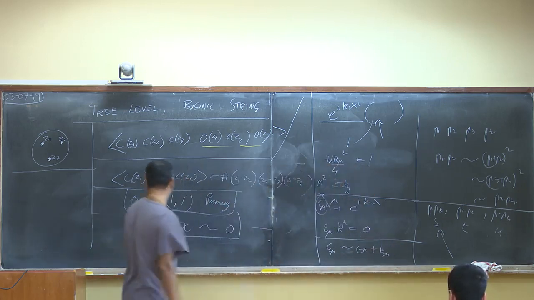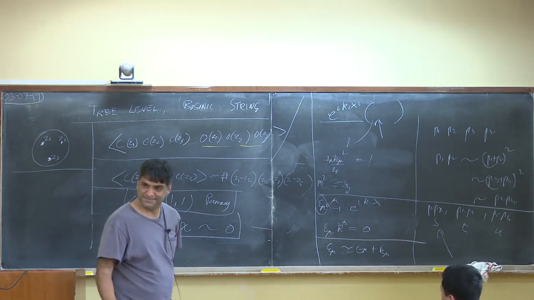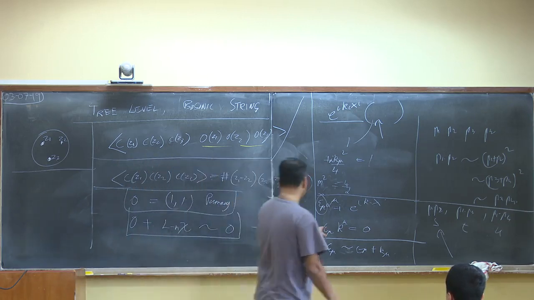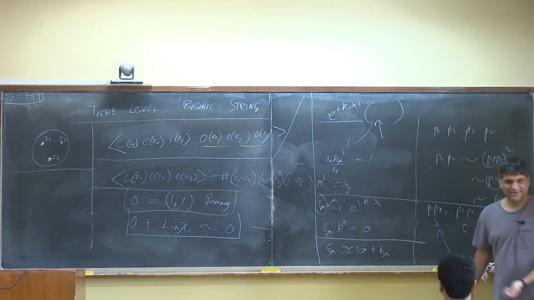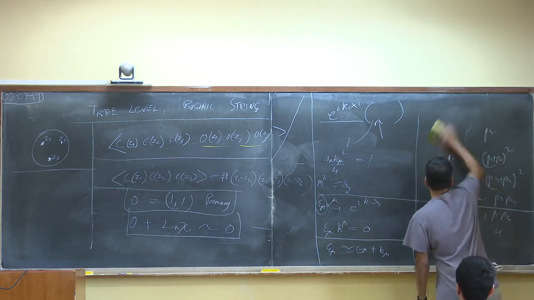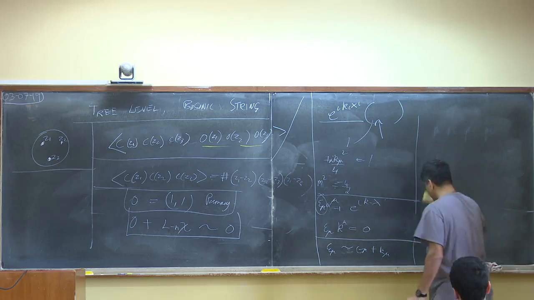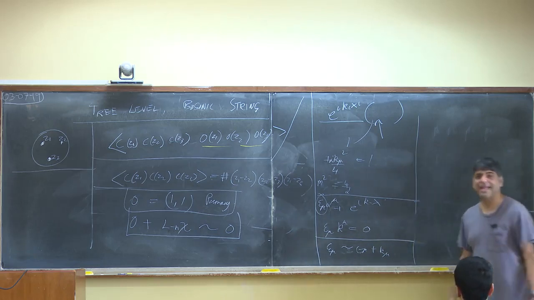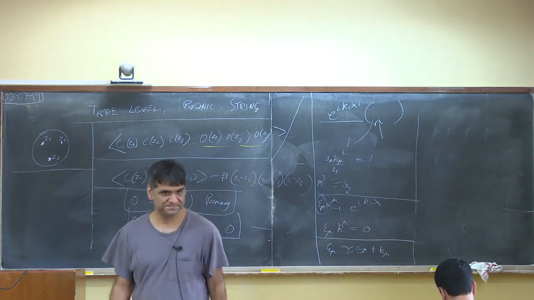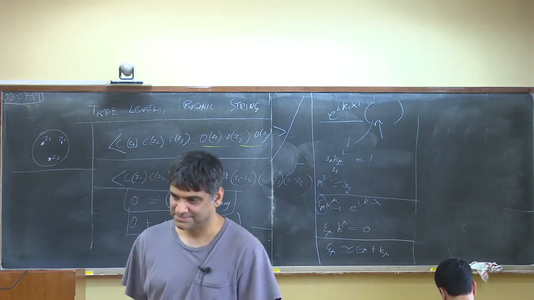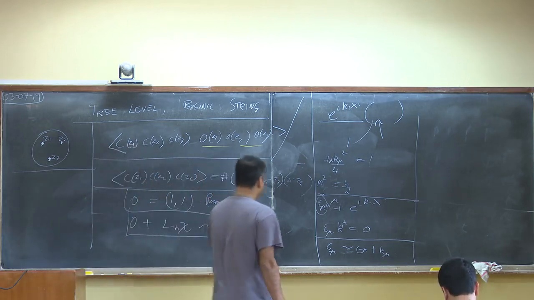This was the condition of BRST equivalence. Let's remind ourselves why this was needed for primarity. For primarity, we need that all L_n's with n positive annihilate the operator.